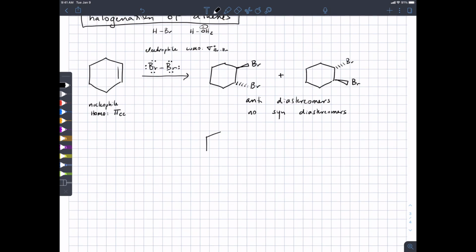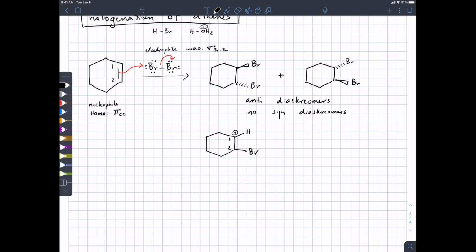Because it would be tempting to speculate by analogy to what we saw before that the pi electrons attack the sigma star and Br minus leaves. We make a new carbon-bromine bond with either carbon 1 or 2. They're identical, so it doesn't matter.